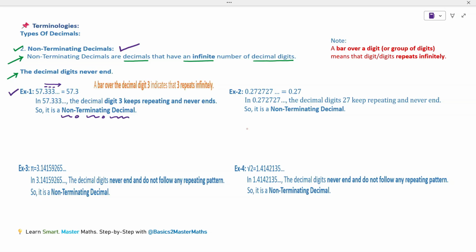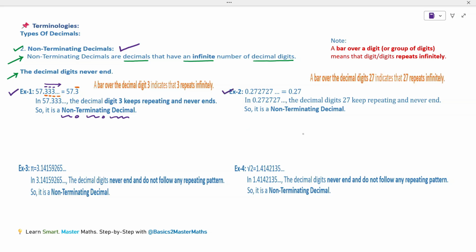Observe here, 57.3333 can be written as 57.3 bar. A bar over the decimal digit 3 indicates that 3 repeats infinitely. Got it?